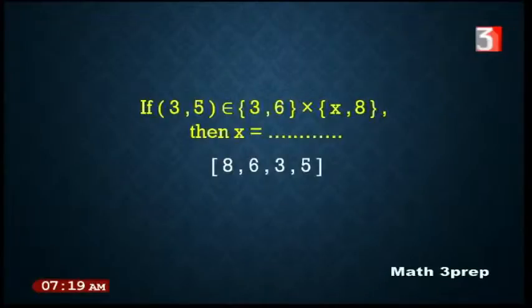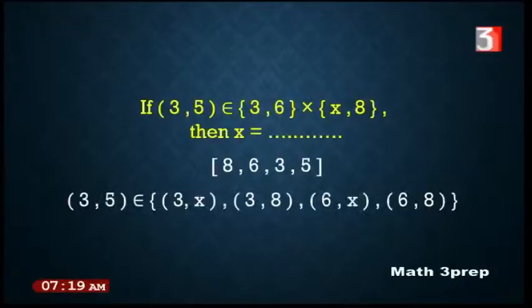First of all, as (3, 5) belongs to the Cartesian product of {3, 6} and {x, 8}, we can say that (3, 5) belongs to {(3, x), (3, 8), (6, x), (6, 8)}. As (3, 5) belongs to this Cartesian product, the x coordinate is 3. Then what about the value of x? (3, 5) belongs to (3, x), so the value of x equals 5, which is the last choice.